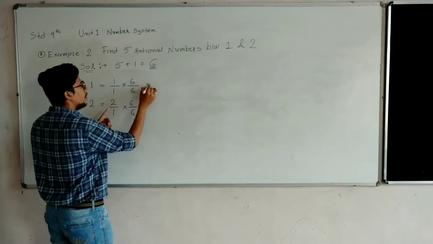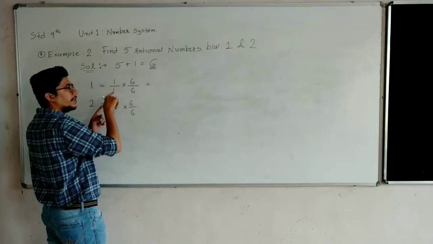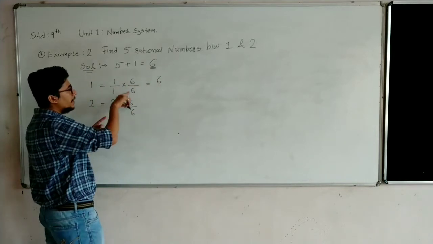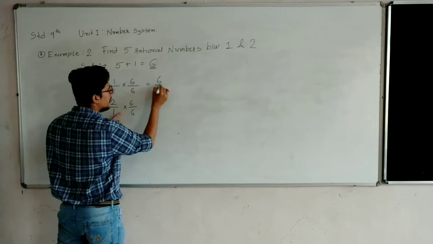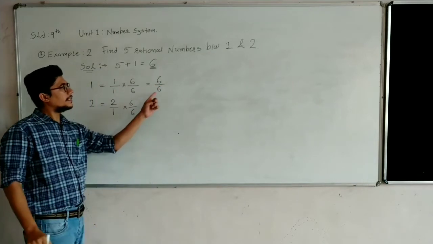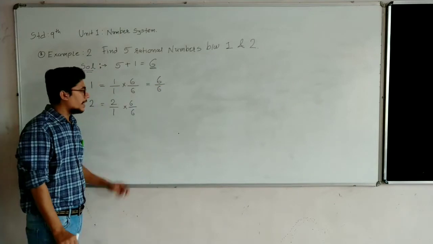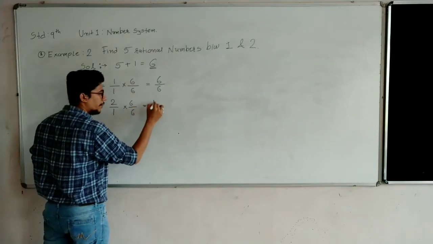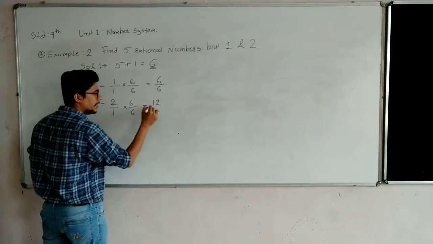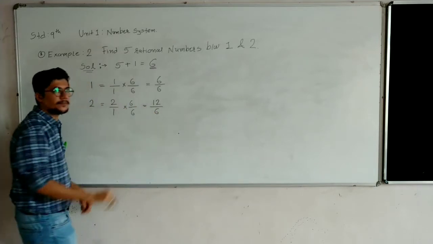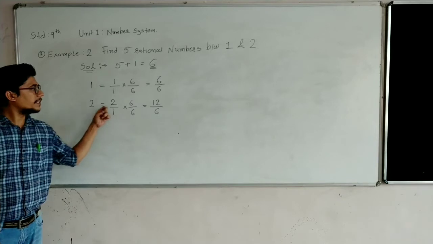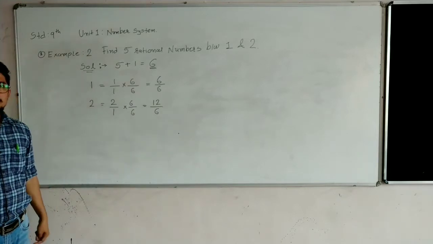Now 1 into 6 is 6, so the answer is 6 upon 6. Here 2 into 6 is equal to 12 and 1 into 6 is equal to 6. So I converted a positive integer into a rational number.